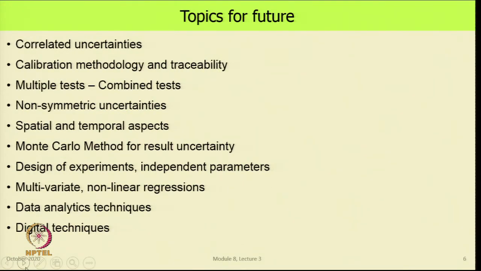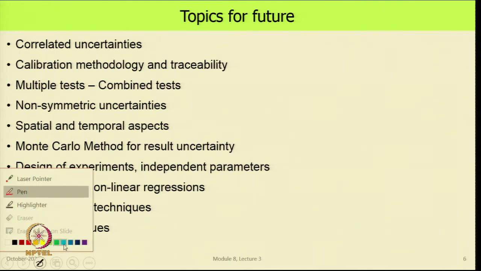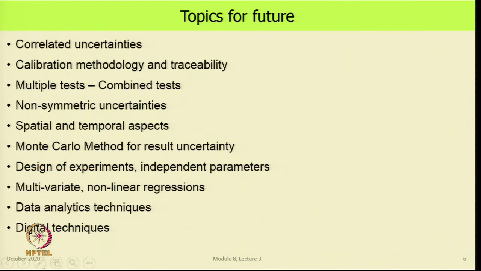But this becomes the foundation for learning topics in the future. And here are listed some of the topics. What we left out was correlated uncertainties. We said all throughout that we are looking at uncorrelated uncertainties.